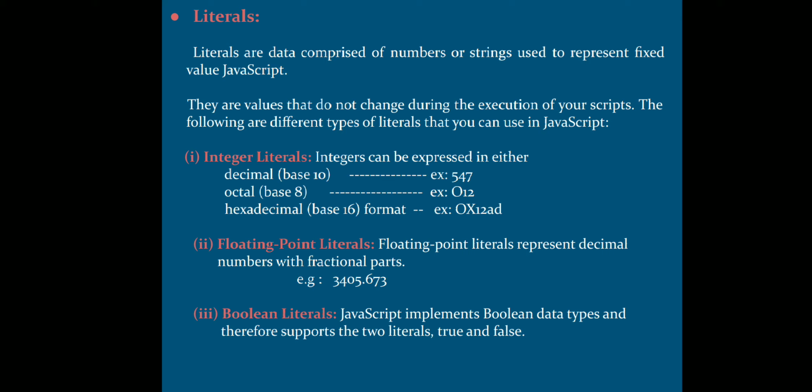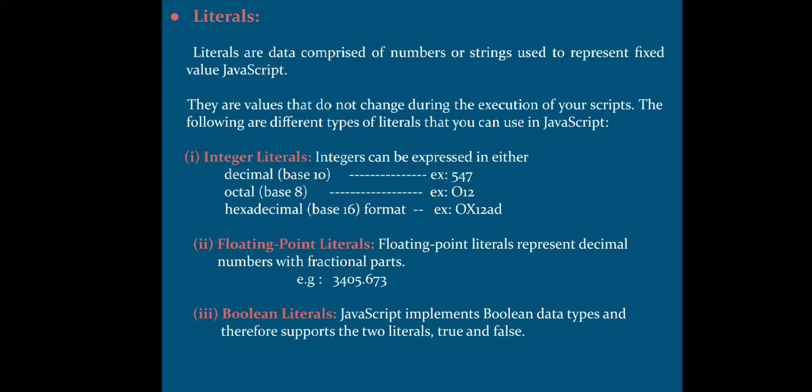Decimal integer constant is base 10, where the number is a combination of digits from 0 to 9. Hexadecimal integer constant is base 16. It is a combination of numbers from 0 to 9 and alphabets A to F.